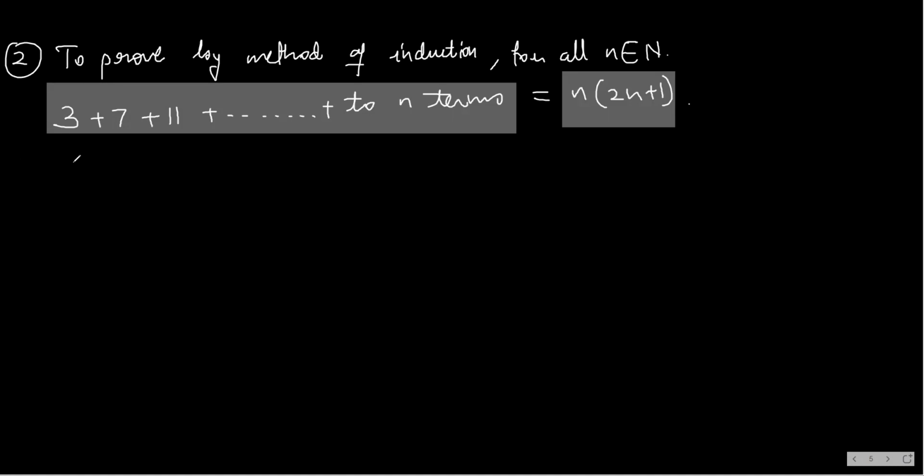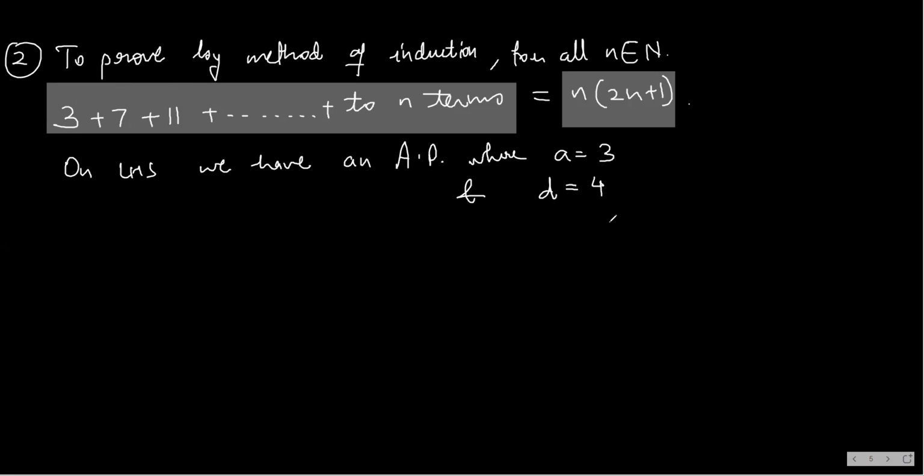So I will write on LHS, on left hand side, we have an AP. See, this is an arithmetic progression. How? 3, 7, 11. 3 plus 4, 7 plus 4. You see this? So it is an arithmetic progression. We have an arithmetic progression where the first term A is 3 and the common difference D is 4.